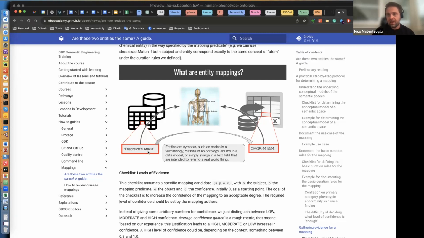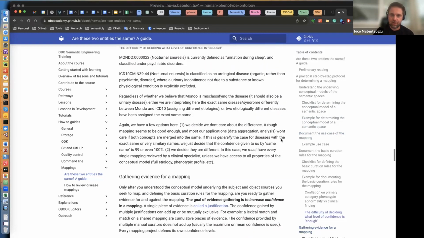And when we say an entity mapping, we mean a correspondence of a symbol, for example in this relational database, the string of Friedrich's ataxia that is used in this EHR record, corresponding to this OMOP identifier that is used in this Excel spreadsheet somewhere to describe clinical data. So that's the main subject of what we're talking about here.